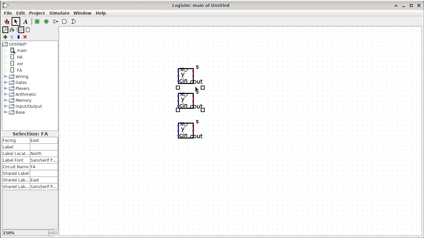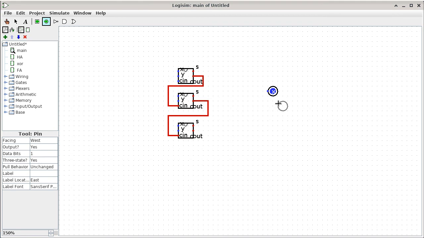And the carry out is the easy one to hook up, right? We know the carry out of 1 goes to the carry in of the next one. Yes? Okay. We know the sum bits are pretty easy to work with too. So we just have S0, S1, S2 as the individual sum bits.